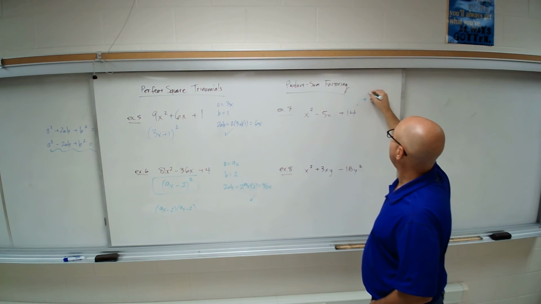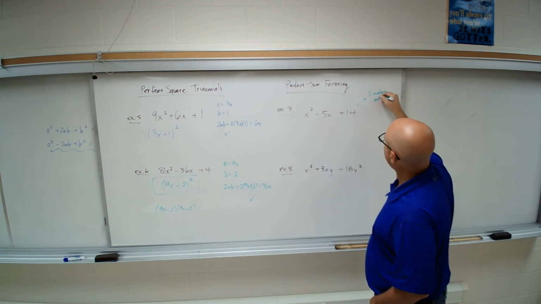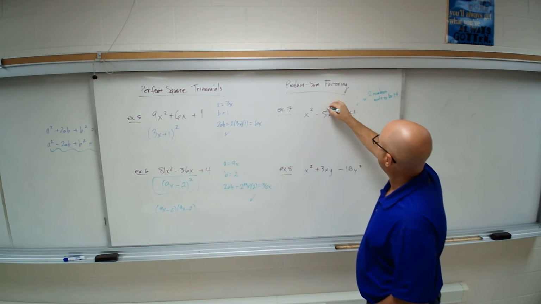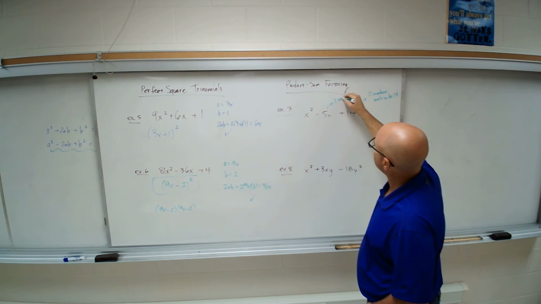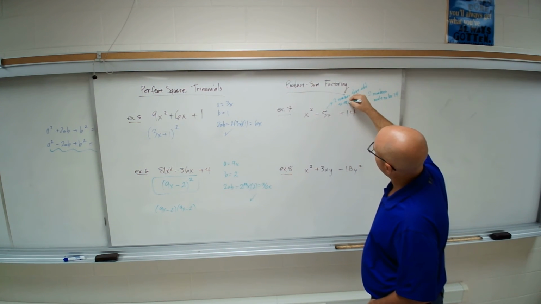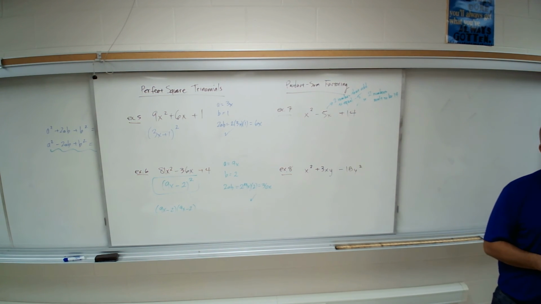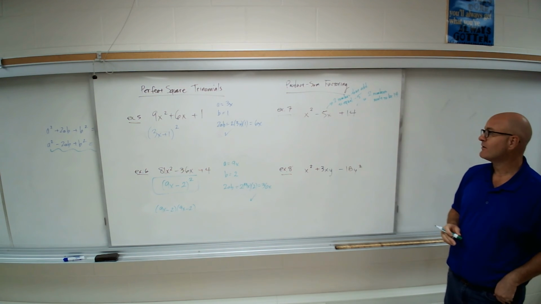You want to find two numbers that multiply to be 14. And then you want to find two numbers that add to equal -5. So it's always that middle term is what they're going to add to be. They're going to multiply to be the last term.